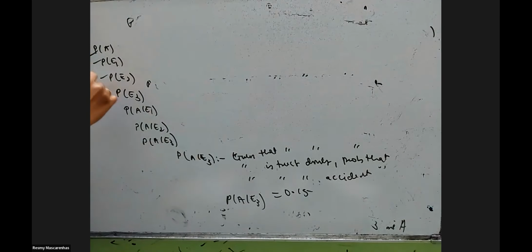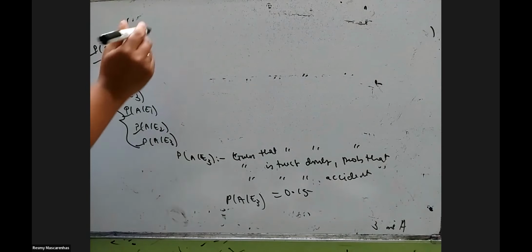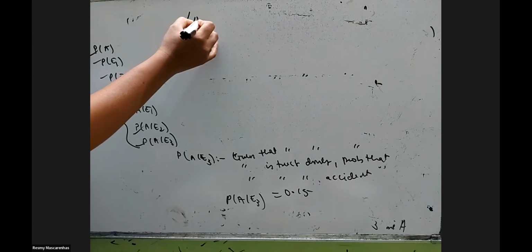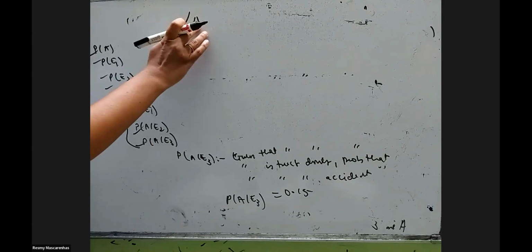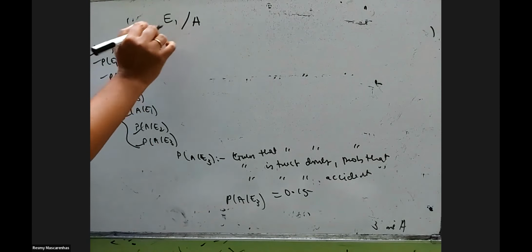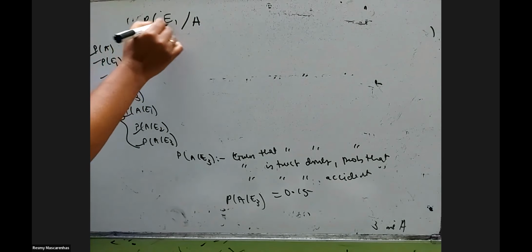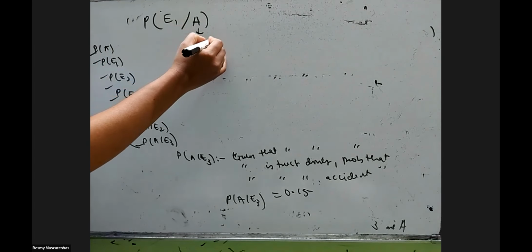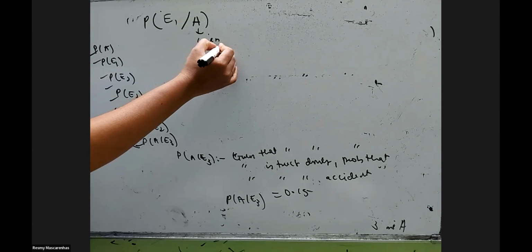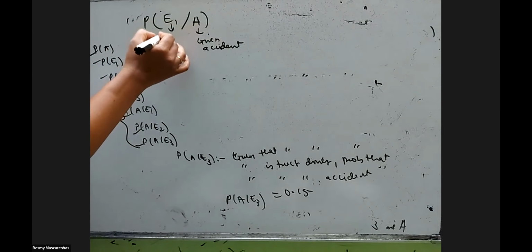all these are done. Now we have to see, and I told you it will be the reverse of these 3 things. Now what is already given: that the person meets with an accident, what, it is a scooter driver. Scooter driver means E1. This is a scooter driver.